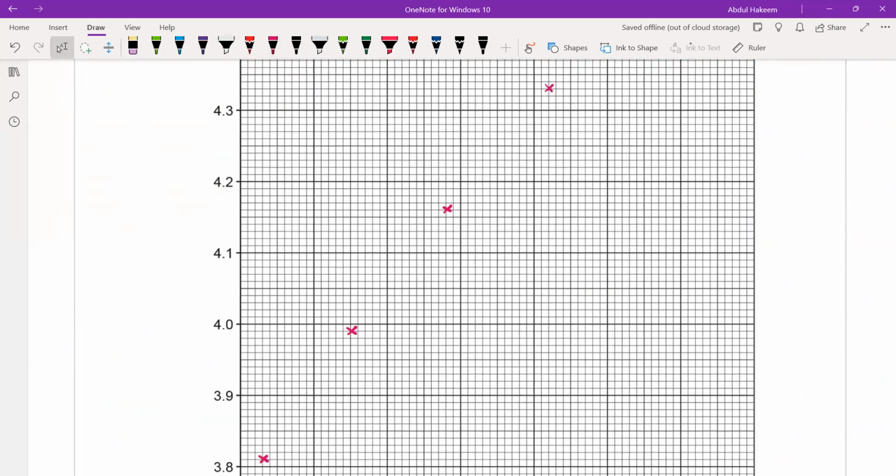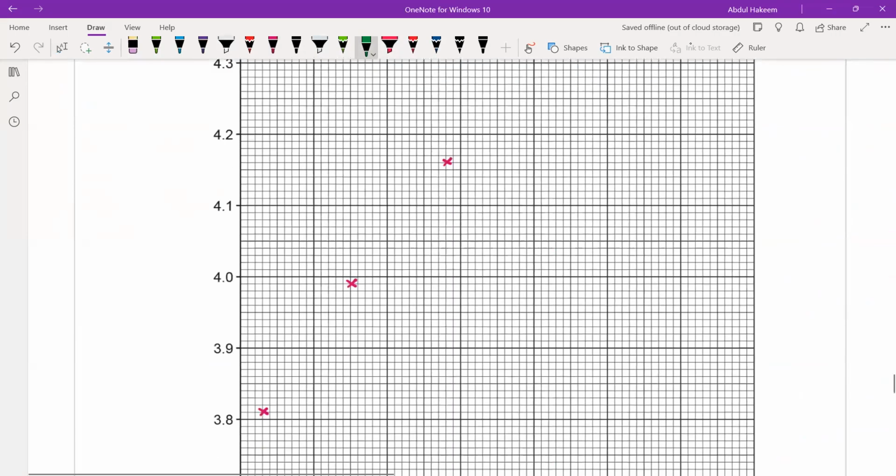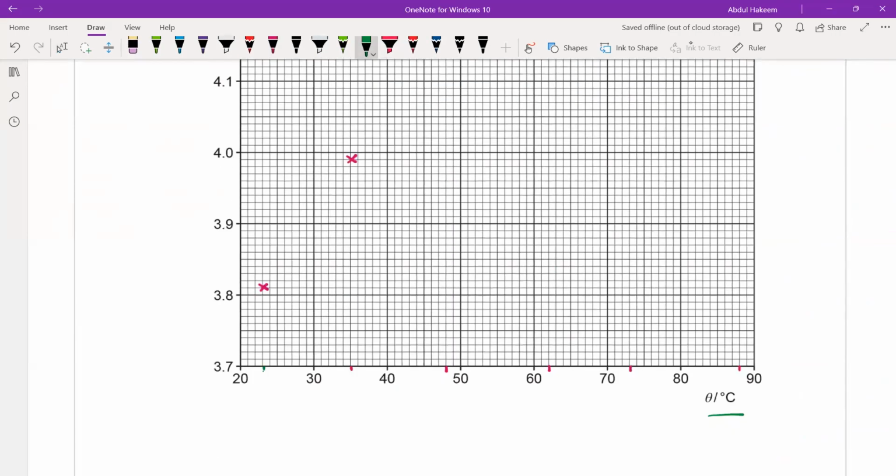So then we will drop from this point, the first point, 3 boxes up and 3 down. 1, 2, 3. And 1, 2, 3. We will block this. This is the error bar. So the method is error scale constant, multiply by error, calculate the answer, and that answer is the number of boxes up and down from the point and then block them.